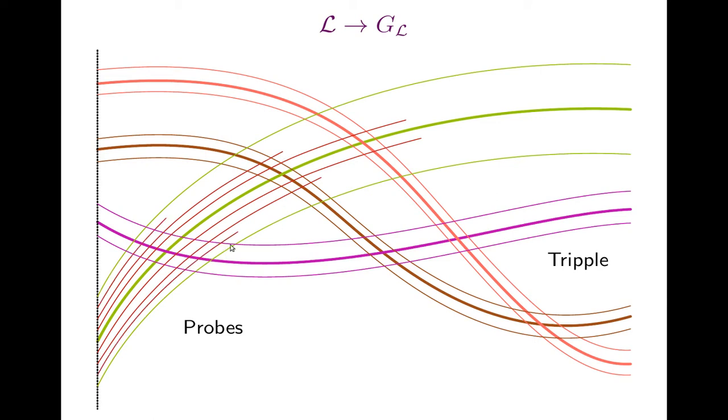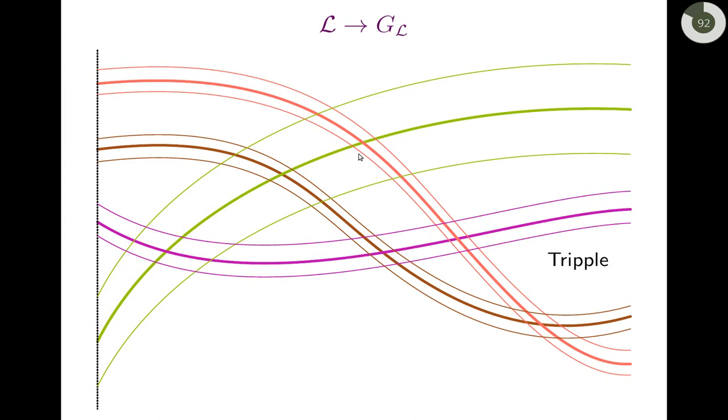So these probes will be useful in order to enforce that the big green line intersects first the purple, then the brown, and then the red line. And I will do this for all other colors as well. However, I didn't draw it here because then you cannot see anything. I drew it only for the green.